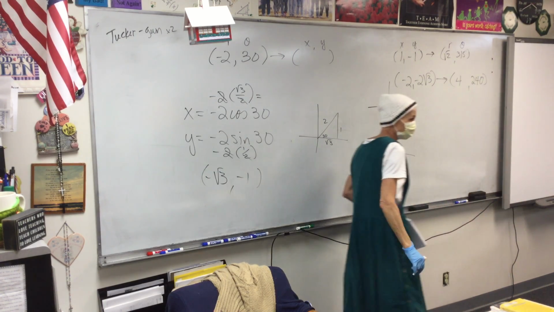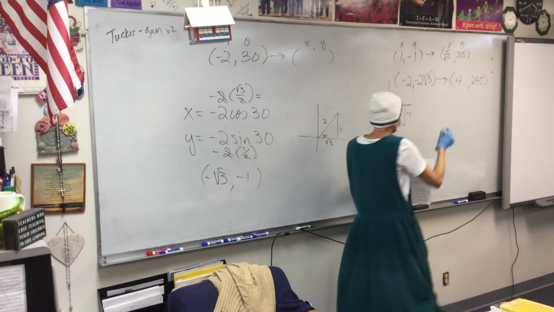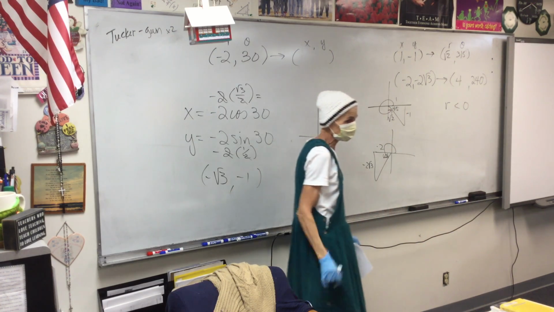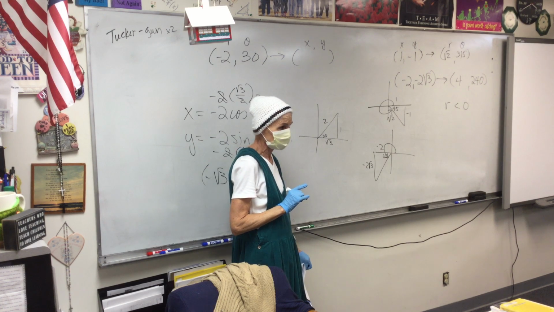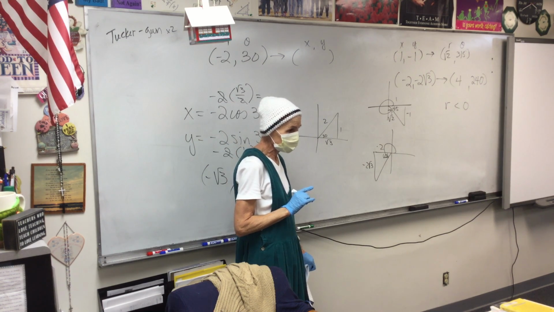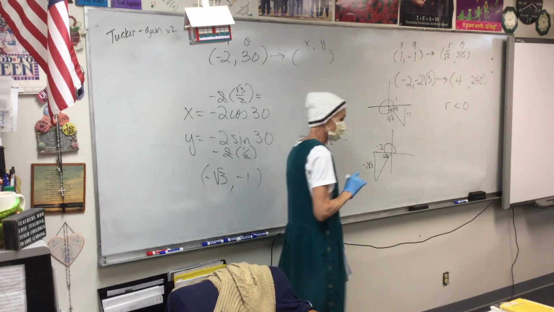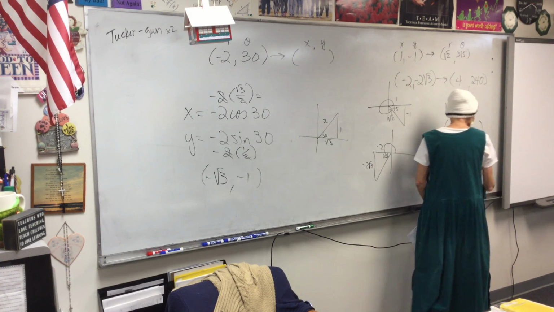Now this is a trick problem though. This one's tricky. Did you catch r less than 0? We talked about this, but only one day, so you may have forgotten. r can be negative. For whatever reason in this problem, we want a negative 4.